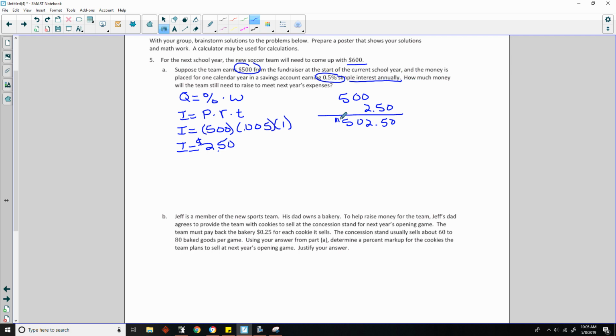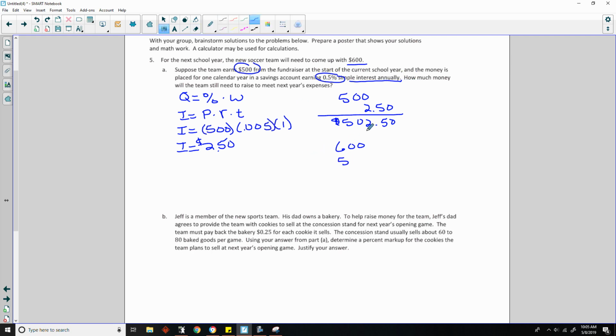Okay, I want to subtract that from 600. So total money needed equals $600. The money we have is $502.50 after the interest. So if I subtract those, so I don't want to write T equals here.